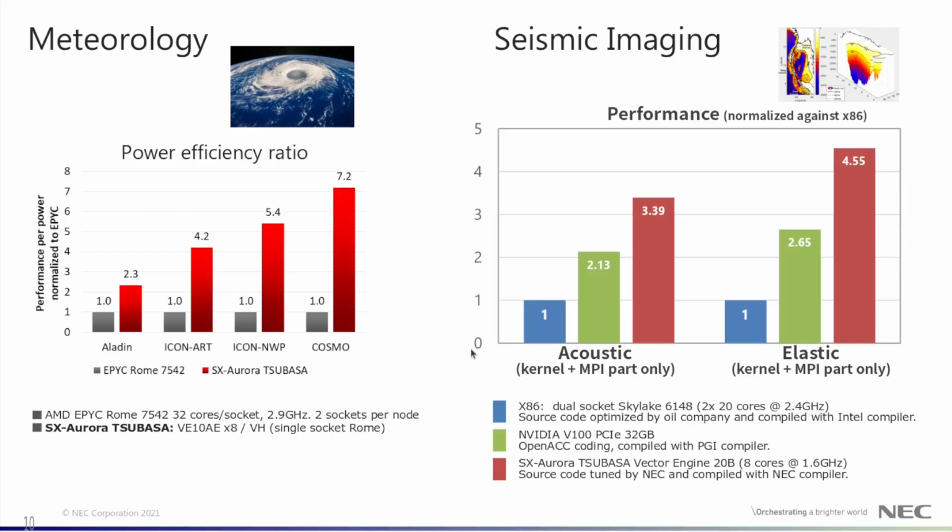In seismic imaging, the situation is quite similar. Here we compare two benchmarks, one executed on a dual socket Skylake cluster, one on 1 Volta 100 V100 card, and one on a vector engine.